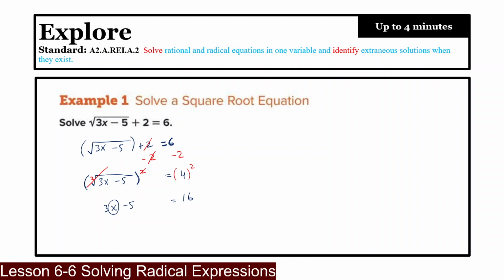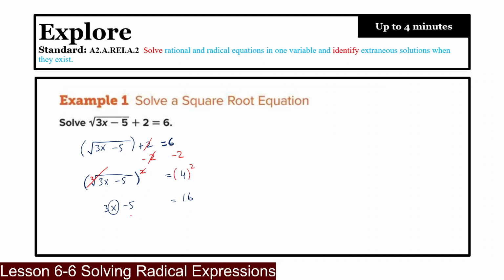Now I see that the x is being multiplied by 3, and then there's a 5 being subtracted from it. So do I take care of the multiplication first, or do I take care of the subtraction first? When you're solving, you do the opposite of PEMDAS. So I'm going to take care of the subtraction first. So how do I do the opposite of minus 5?